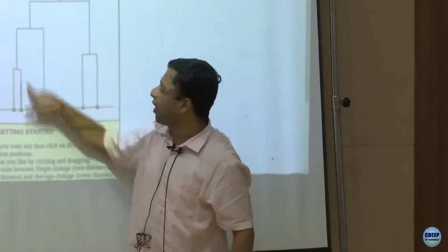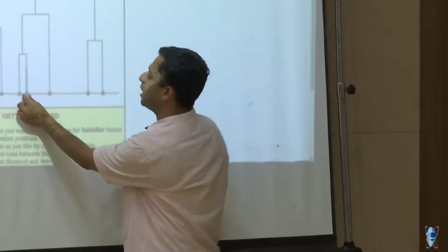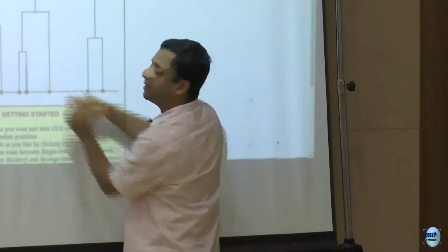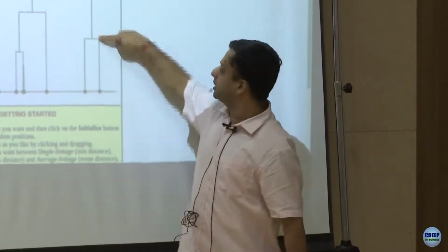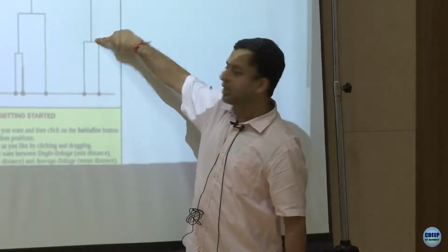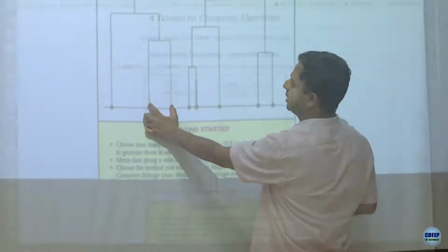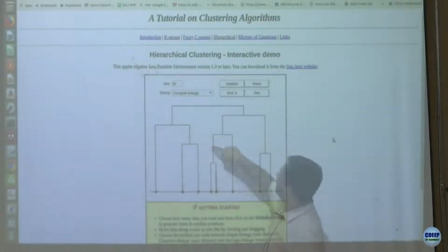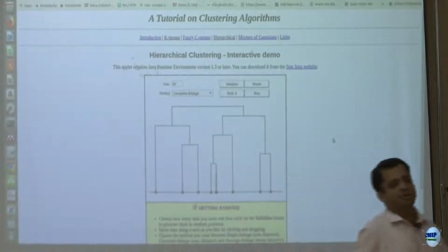These two have already formed a cluster, so whether I should merge these two next or merge this pair with a third one, that's a choice. It turns out that these two are still closest, so this is merged next. Then these two are next merged, this is the third, then this, and then this one. So it's very easy to interpret.